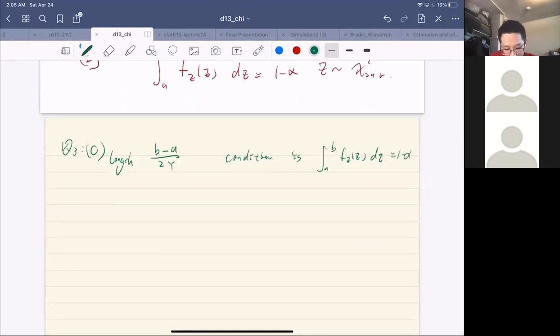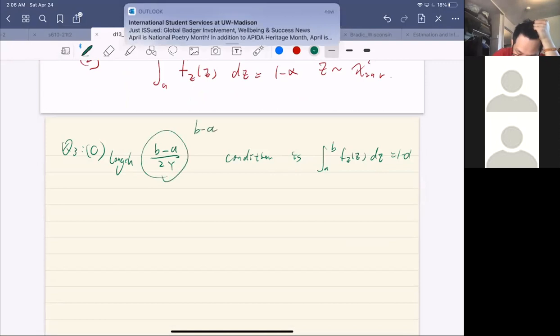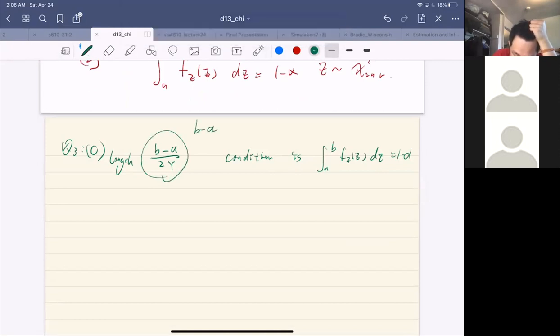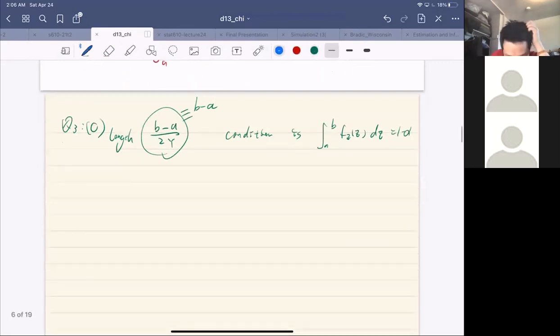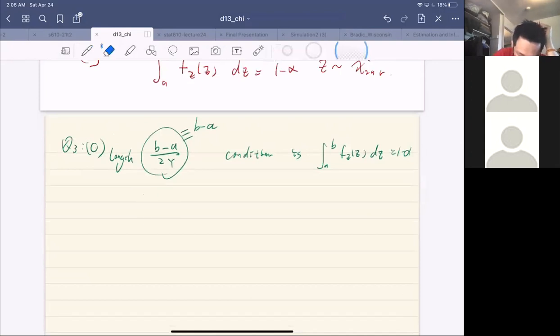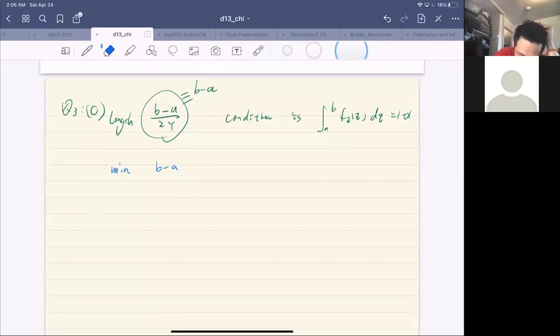And we want to find B and A. This is equivalent to B minus A, because the 2Y is the same for all the B and A. So then we want to find the minimum of B minus A. The condition is constrained to this.